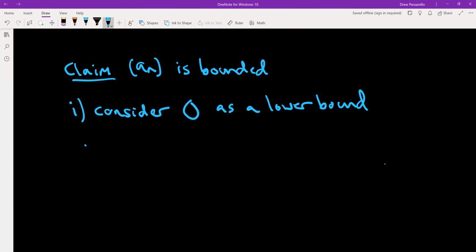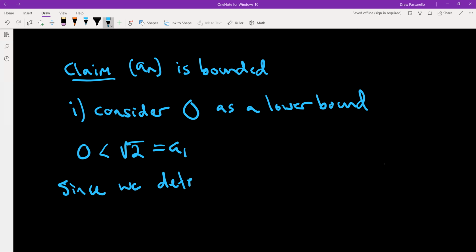Well, 0 is less than our first value of the sequence, which is a1, and a1 is square root of 2. So 0 is less than square root of 2, which is our first value, a1. Our sequence is increasing since we determined that our sequence was increasing.